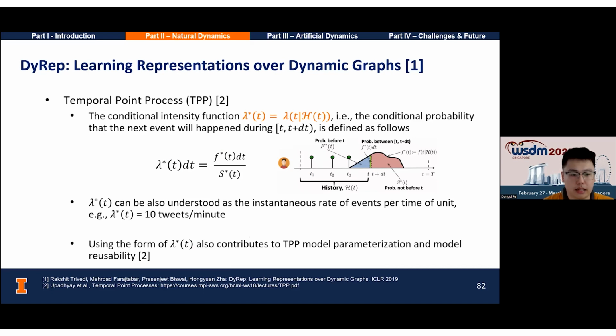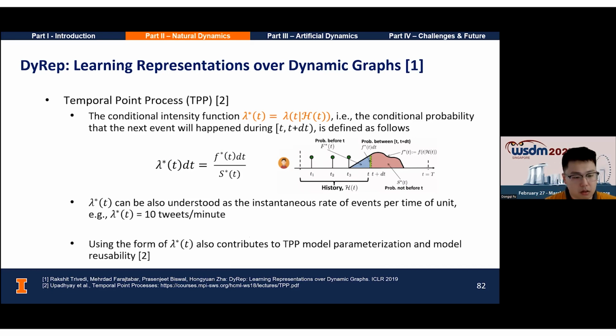It is defined as follows: lambda t is equal to f(t) divided by capital S(t). You can understand this as the green area divided by the green area plus the pink area.